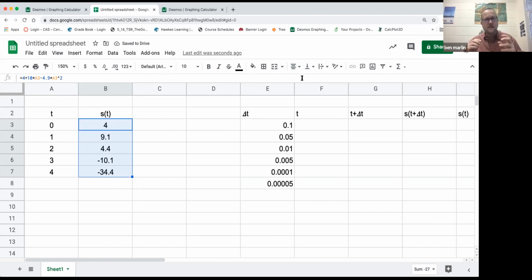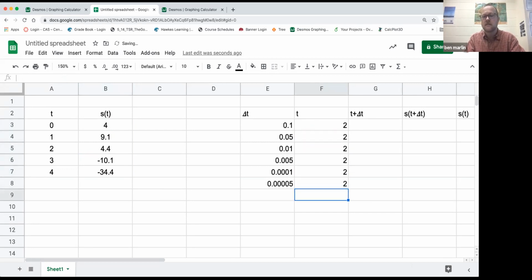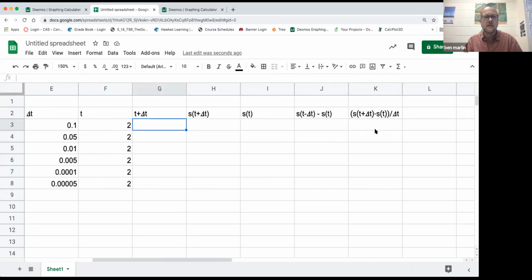Well, velocity, you take a change in distance and divide by a change in time. So since we want to do this at about, what did I say, t equals 2, I am going to put in t equals 2 to all these spots here. And then I'm going to take these delta t's. Where did I get those from? I just made them up.